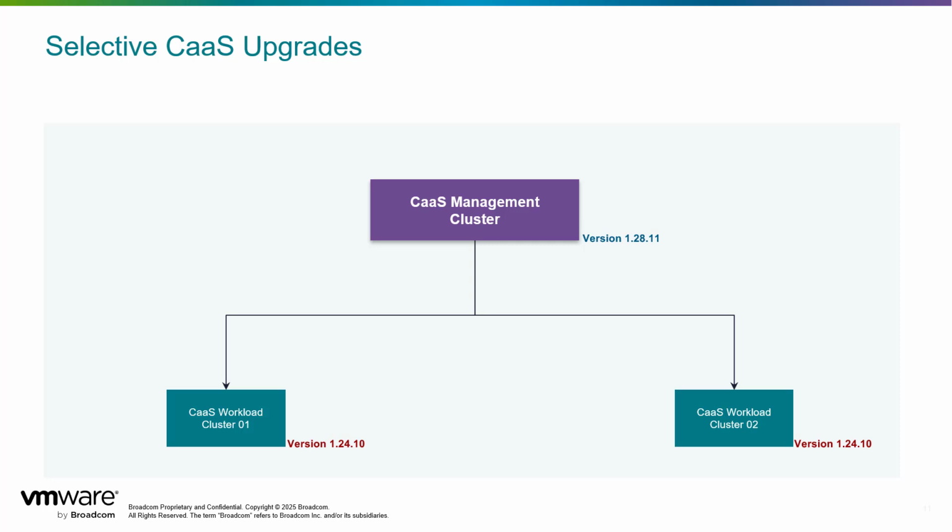There is an option to upgrade all CaaS workload clusters managed by the management cluster, but it is usually not feasible due to a variety of factors such as version constraints by another vendor or hesitation in performing non-essential upgrades. Therefore, we will explore how you can implement the selective CaaS upgrades in this demonstration.